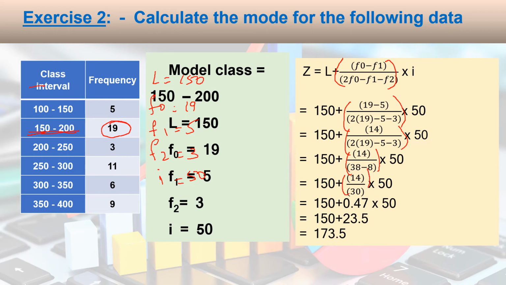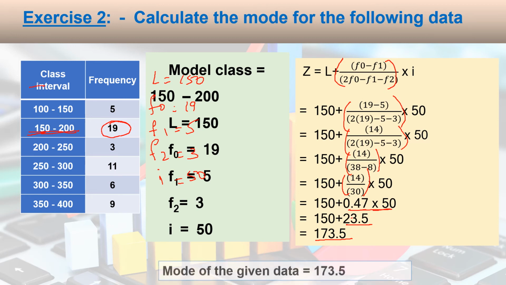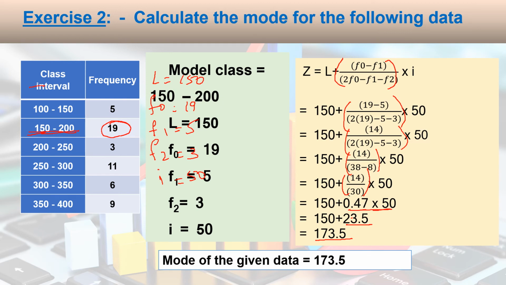So that is 150 plus 0.47 into 50. First multiply, so 150 plus 23.5, and here we get 173.5. So the mode of this given data is 173.5.